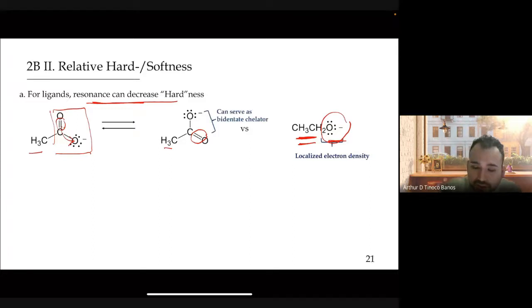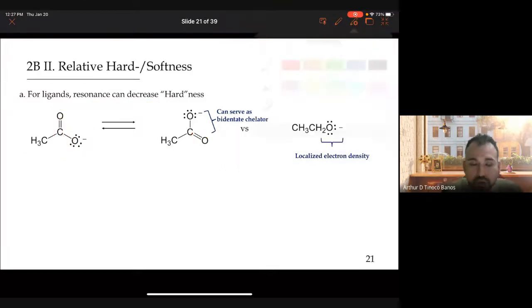A very interesting thing, I'm going to clean up the markings there, is that carboxylates have the capacity of being monodentate, coordinating a metal from either one of those oxygens, but also, really importantly, can play the role of a bidentate chelator, and actually a really important one. So that capacity of denticity can also play a role in the relative hardness as well.